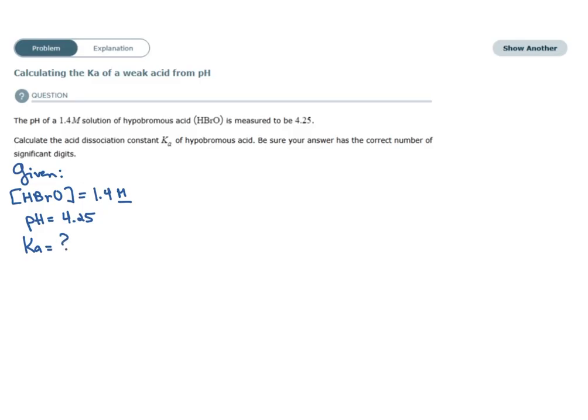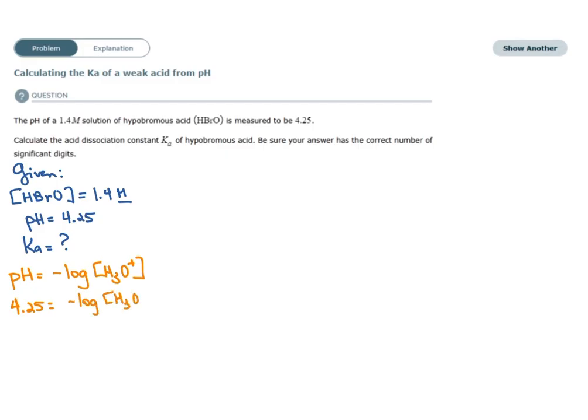Now Ka is an expression that deals with concentrations at equilibrium, so we have to set up an ICE table. But before that, let's go ahead and solve for the concentration of H3O+. We have our pH.